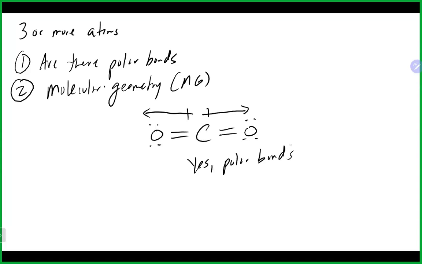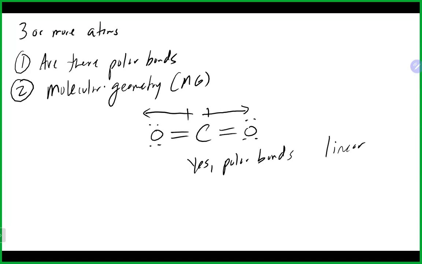Now you may think that this is a polar molecule, but we just did the geometry of this a second ago. The molecular geometry of this is 2 electron pairs and 2 bonds. The molecular geometry of this is linear. It is basically a straight line, which means if I have my CO2 molecule, which is my pen, and on one side I have the oxygen pulling this way, and on the other side I have the oxygen pulling the other way, I'm actually pulling really hard.